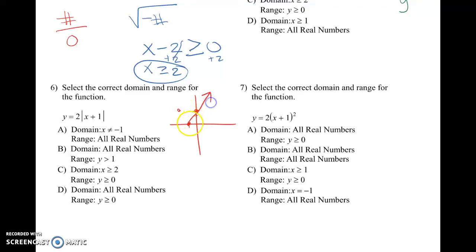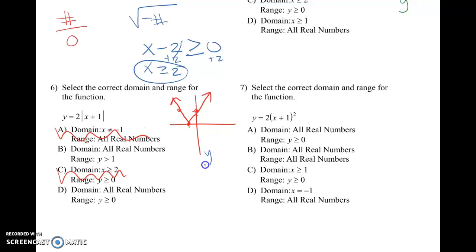So here's what my function looks like. For my domain, it looks like x can go to negative infinity, x can go to positive infinity. So my domain actually is still all real numbers. So it's not A, it's not C, so it's either B or D.